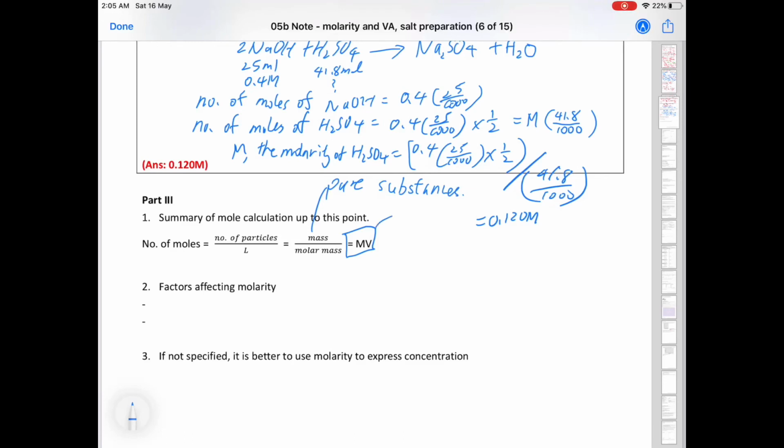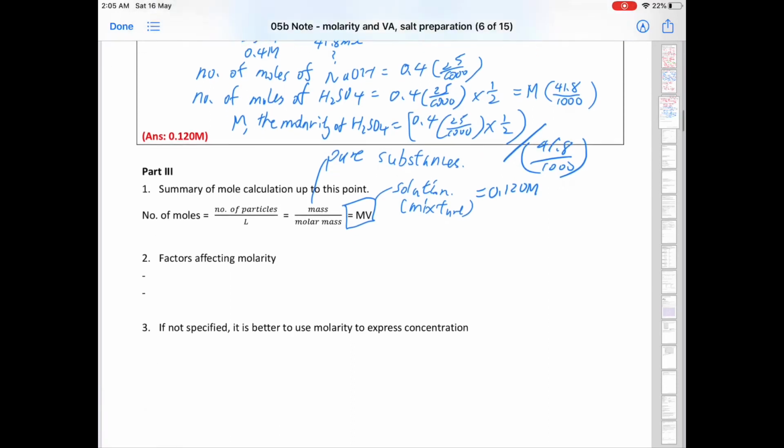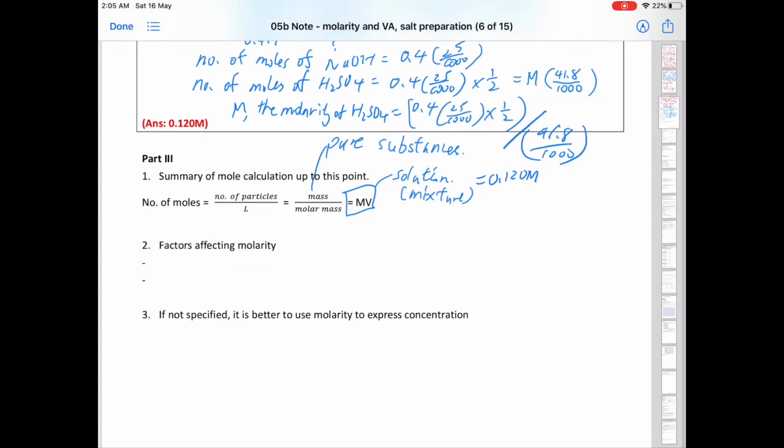And then MV is used in a solution, which is a mixture. The concept is that the molarity, that is the concentration, when multiplied by the volume in dm cube, gives the number of moles of the solid. And V should be the volume of the solution. Secondly, referring to the equation, what factors will affect the molarity?